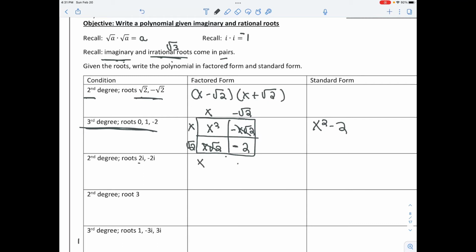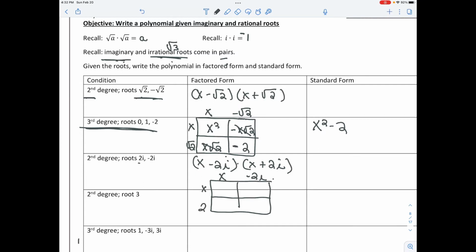And for this one, once again, I'm going to write that as x minus 2i, x plus 2i. So I'm going to put that in the box. And I have x minus 2i, x plus 2i. So x times x is x squared. x times negative 2i is negative 2xi. This would be positive 2xi. And 2i times negative 2i is negative 4i squared.